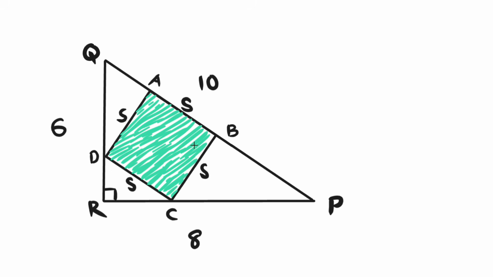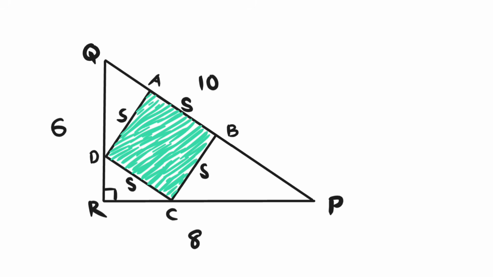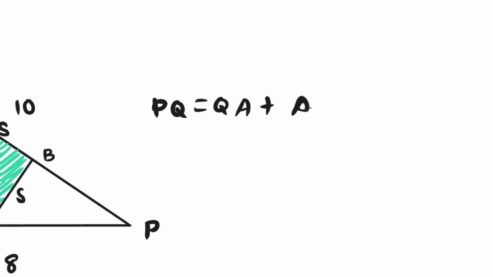Now, let's continue. The next important observation is that the entire hypotenuse PQ is divided into 3 smaller line segments. Those segments are QA, then AB, and finally BP. Since these 3 segments together make the complete hypotenuse, we can write PQ equals QA plus AB plus BP.